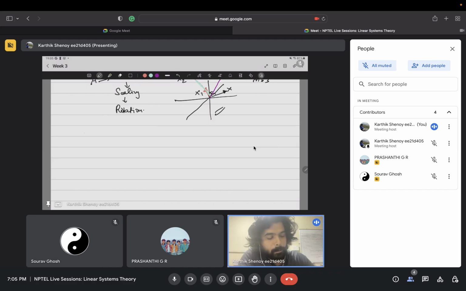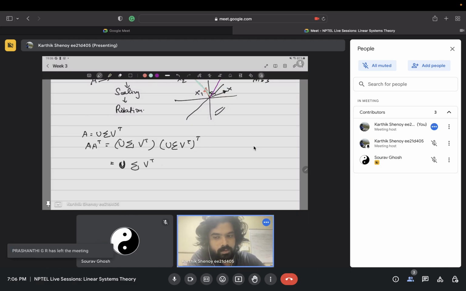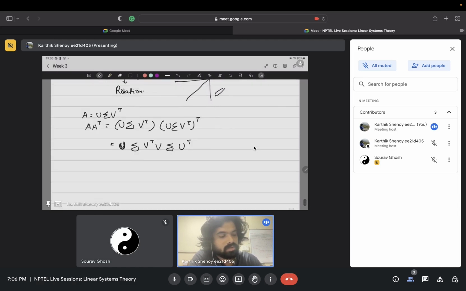So, you have A equal to U sigma V transpose. So, A A transpose is U sigma V transpose times U sigma V transpose the whole transpose. This is U sigma V transpose, V sigma U transpose. I just took the transpose, and sigma is a diagonal matrix, so its transpose doesn't matter.